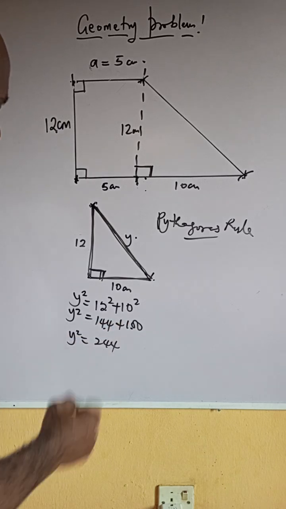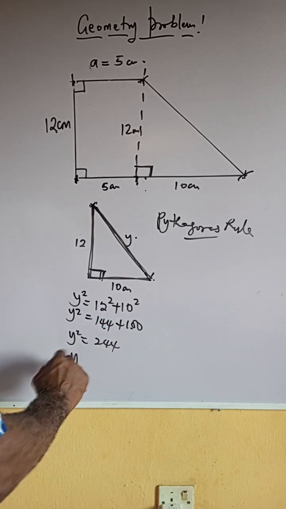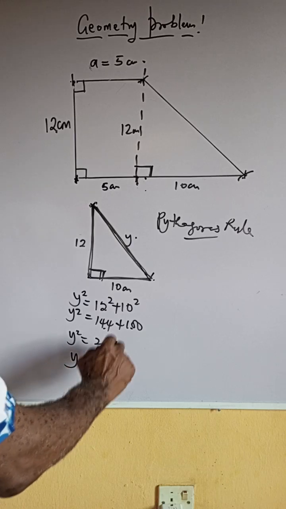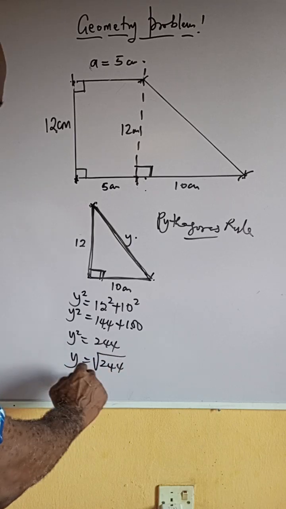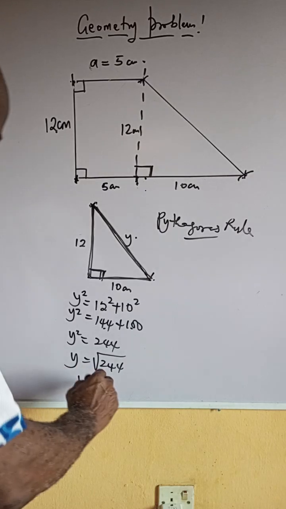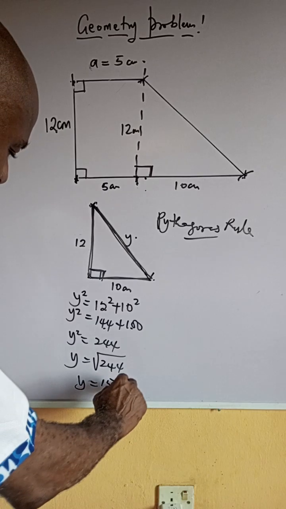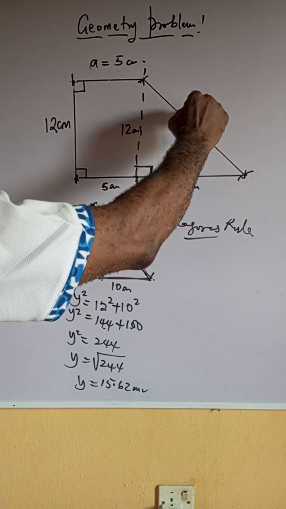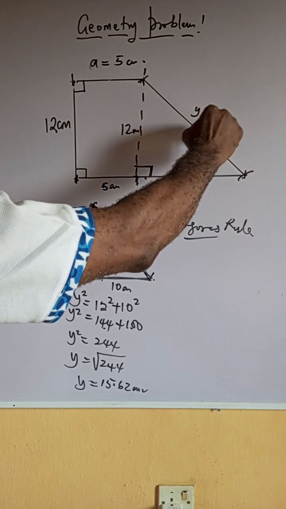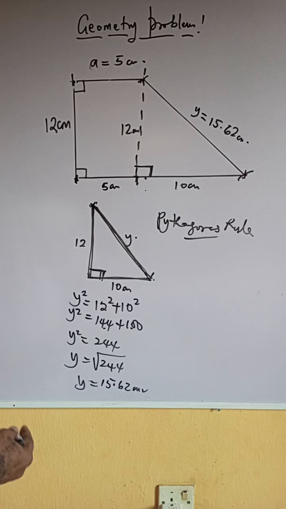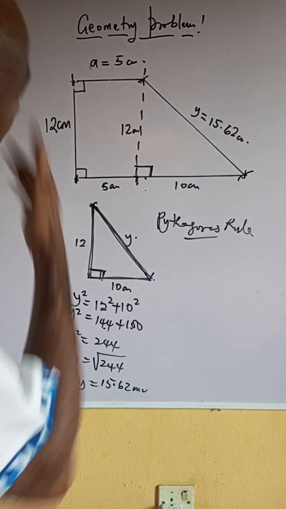So that when we take the square root of 244, we are going to have that y is equal to 15.62 centimeter. So we have been able to establish that from here to here, which we call y, is 15.62 centimeter.